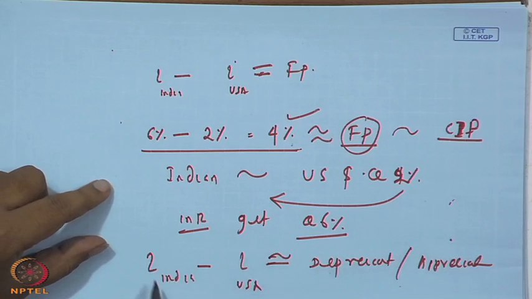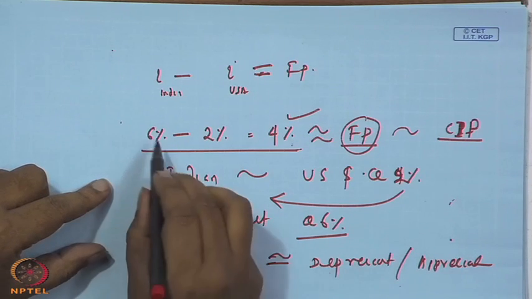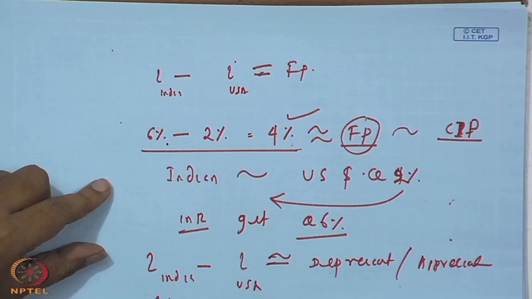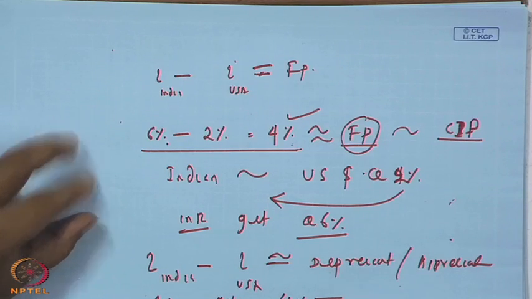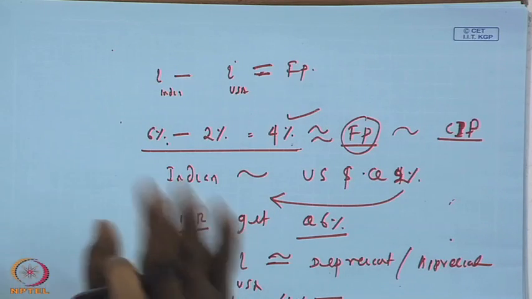So, what does it mean? In the same example, 6% minus 2% is equal to 4%; if the rupee depreciates by 4%, then there will not be any arbitrage opportunity.